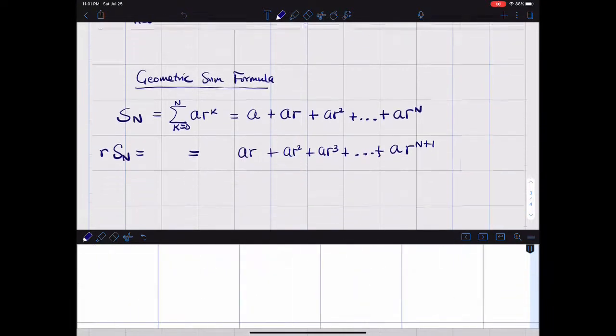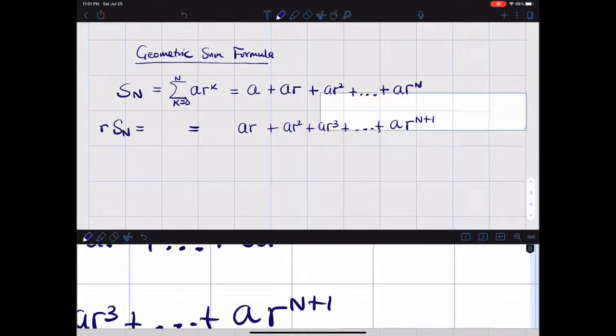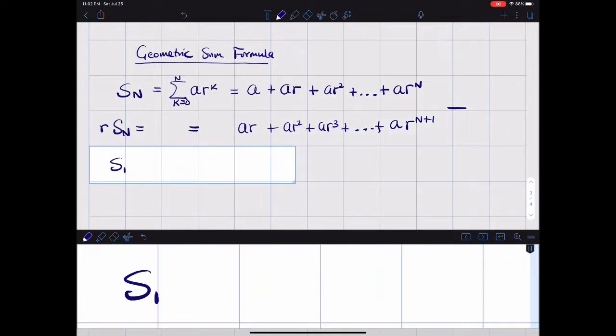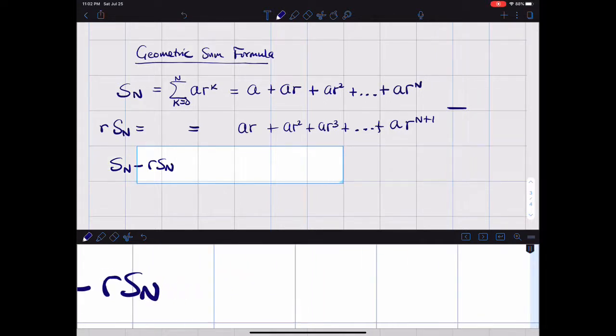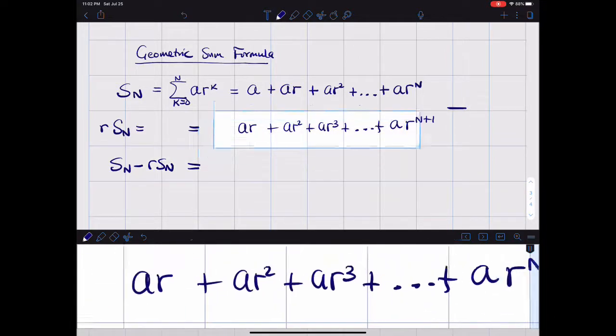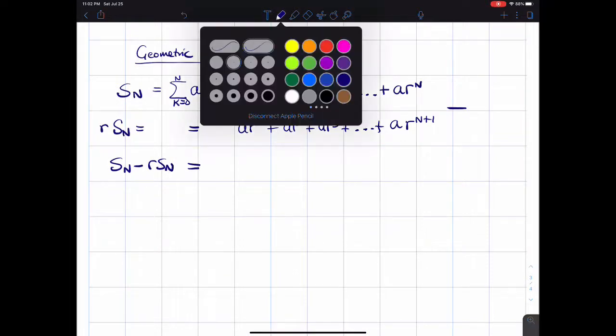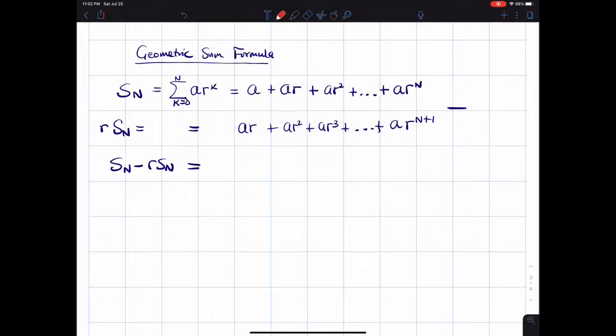Okay, now let's do some subtraction. Let's subtract these two things. So that is Sn minus r Sn. Look at what's happening. You're subtracting the second line from the first line.